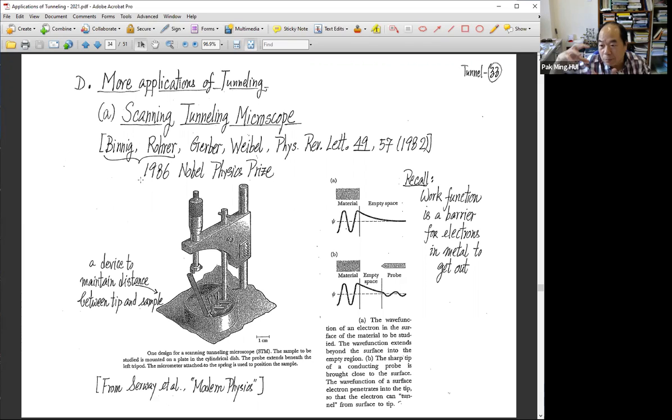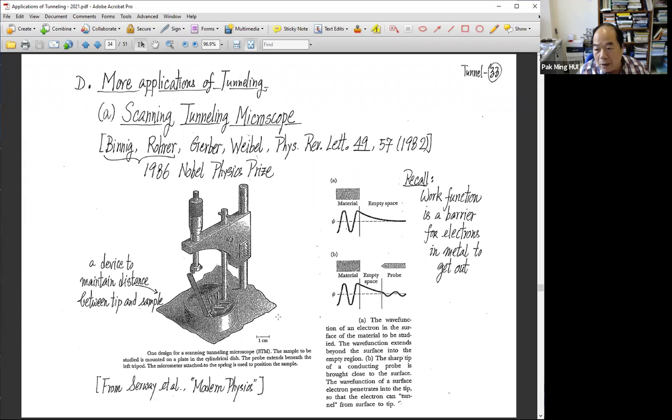This is actually small-size equipment, a tabletop apparatus, okay? The idea is as follows. You have a sample. The sample should be conducting. Now that is a problem.